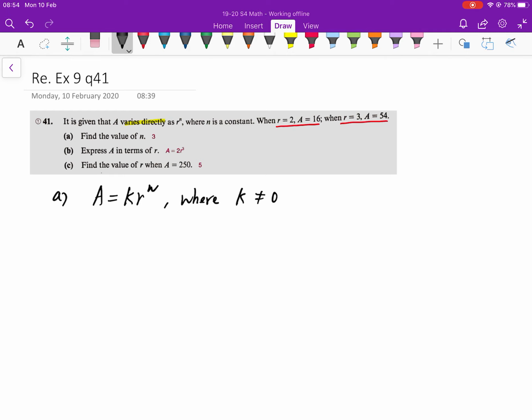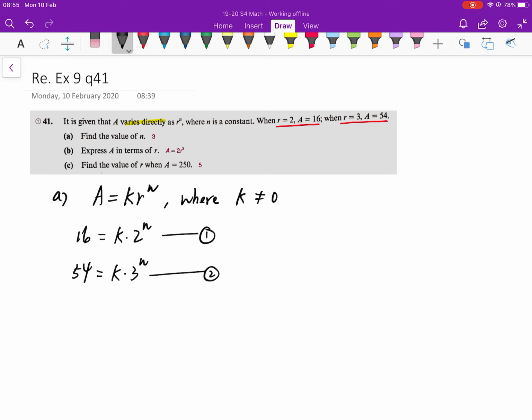Then we have two pairs of values of r and A. So we have to substitute. 16 equals k times 2 to the power n, which is the first equation. While when A is 54 and r is 3, that gives us the second equation.